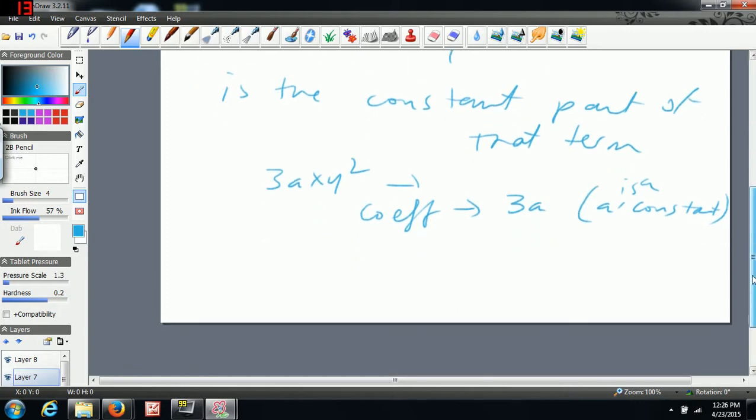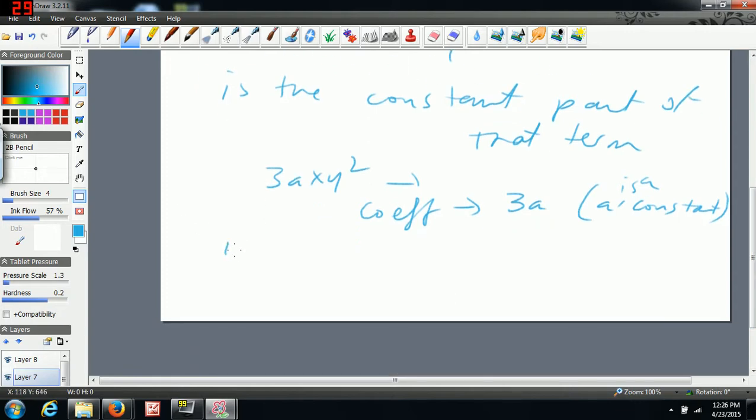So if we were given the expression w over 2 plus x minus y minus 3z, then the coefficient of w over 2 is actually 1 over 2, because w over 2 is like 1/2 times w. It's just written with the w on top. And there's always a 1 beneath everything in math, right?